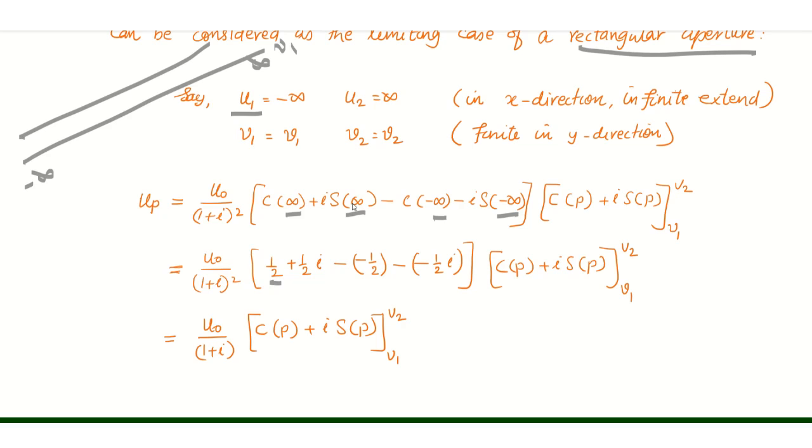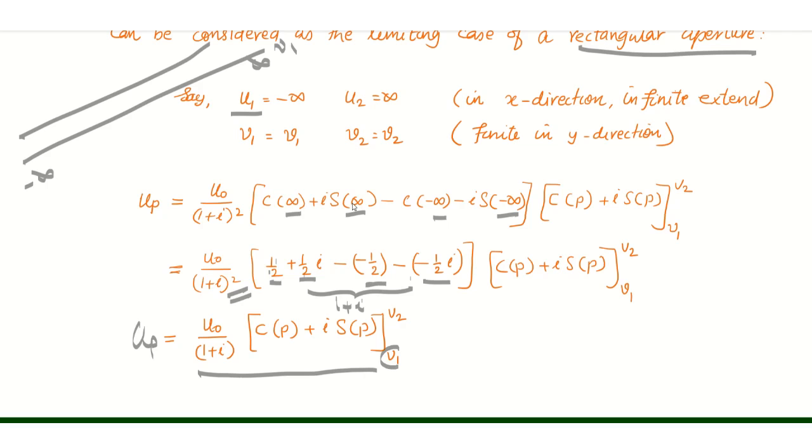C infinity is half, S infinity is half, C minus infinity is minus half, and this is minus half, so half plus half is 1, half plus half is 1, and this becomes 1 plus i, and one of them will cancel out. Therefore UP in this case is U0 over (1 plus i) times CP plus iSP.